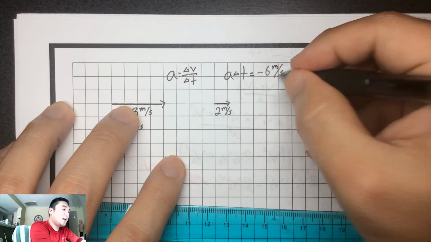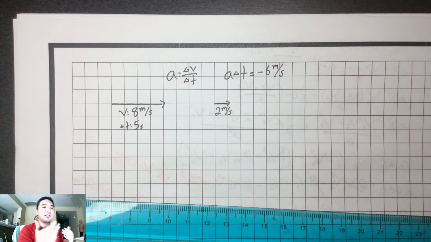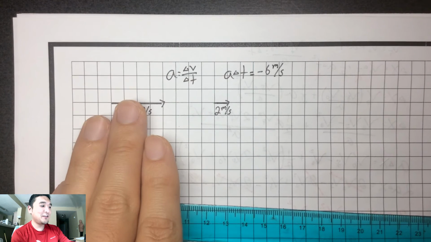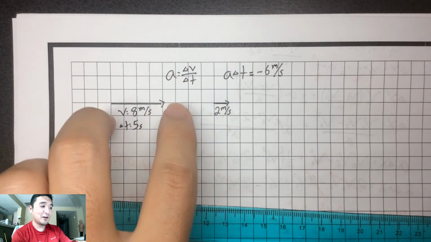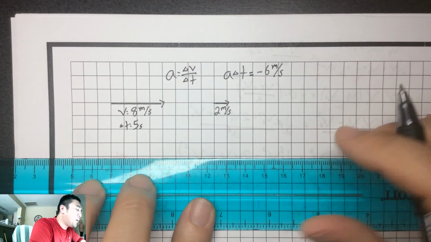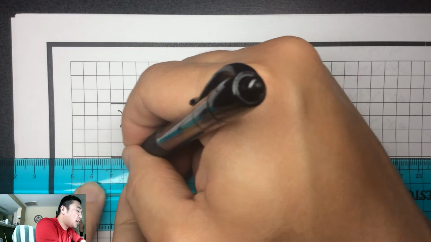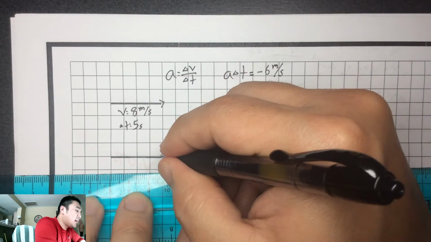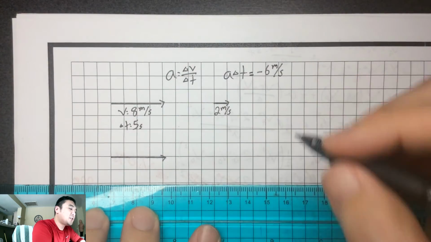Okay, so here we have the math function that says, hey, we accelerate for a time based on the acceleration, we're going to get a change of velocity of -6 meters per second. That's going to change her velocity vector from longer to shorter, and that should make total sense, right? And so what we need to understand is that there would be a way to do that. So here we have the velocity vector that was 8, now it's 2.